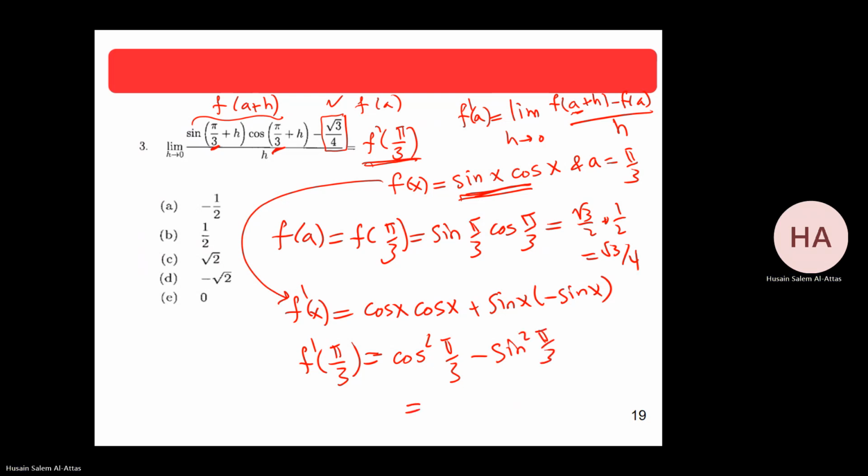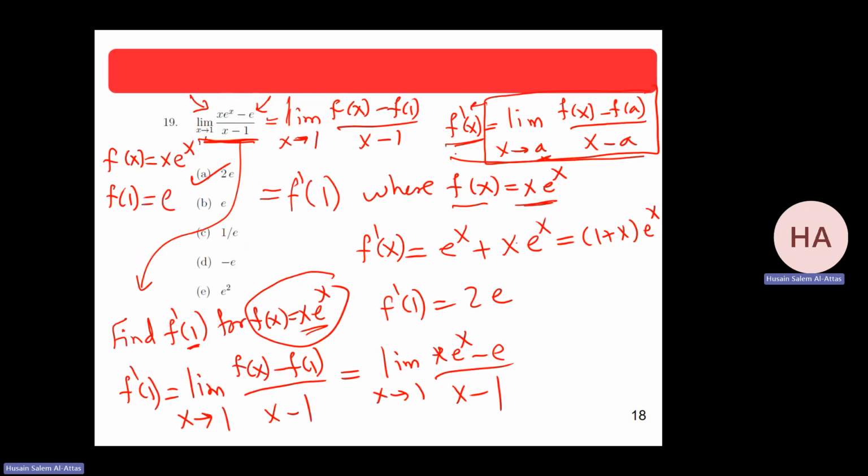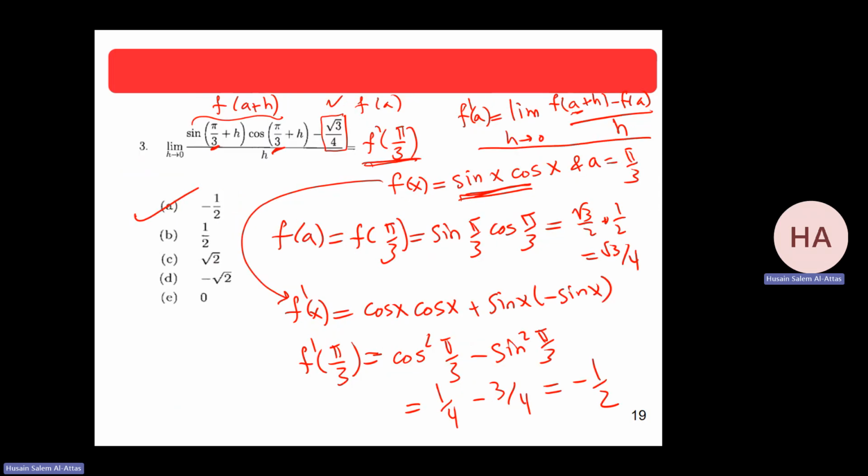Cosine pi over 3 is half, so that will be 1 over 4 minus 3 over 4, which is minus half. So I'm doing the derivative backward, finding the derivative using the definition backward. Yeah, the same thing as this one, but with this format, while this one is with the other format. Okay.